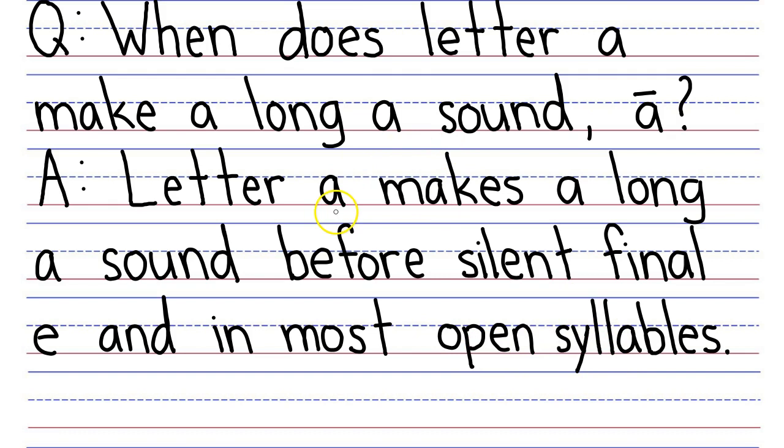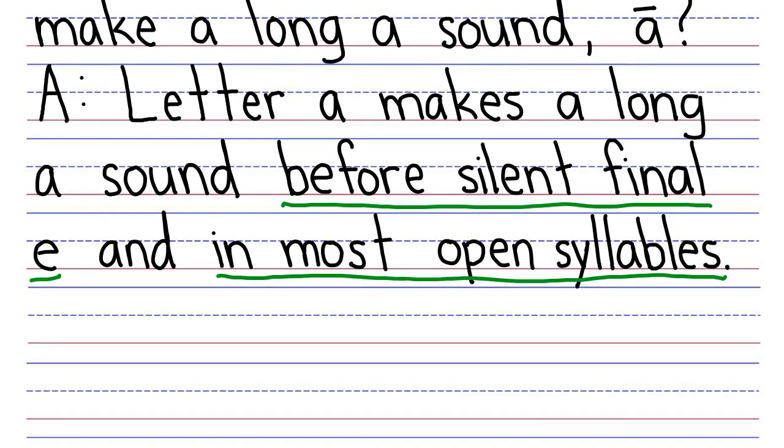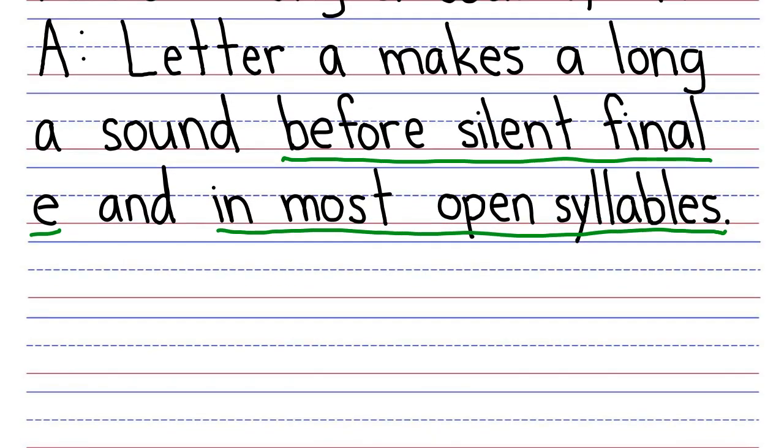Okay, let's underline the important parts here. Before silent final E and in most open syllables. This will make the most sense by looking at examples. So get out a paper and pencil.